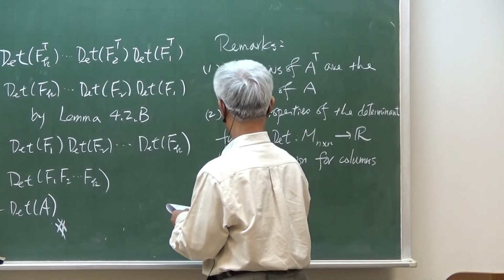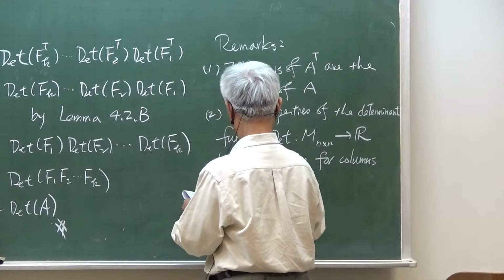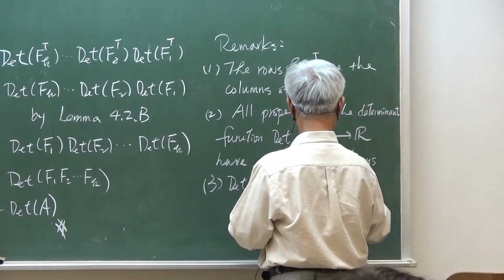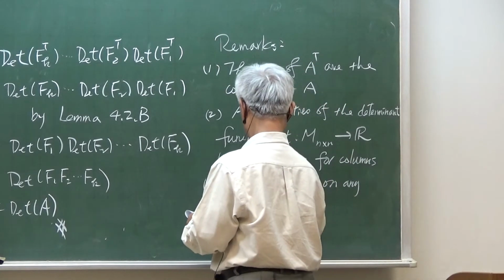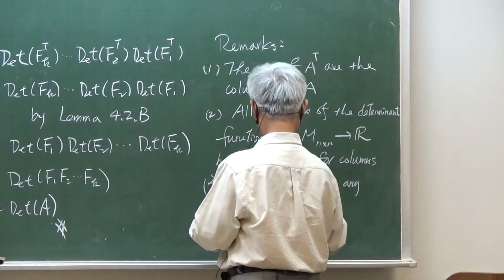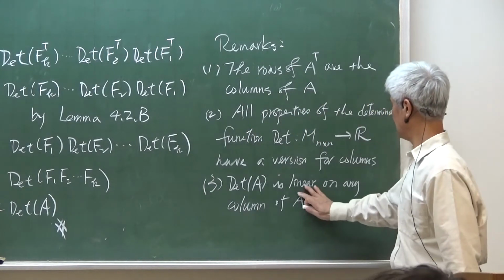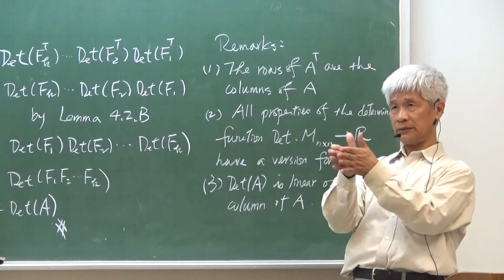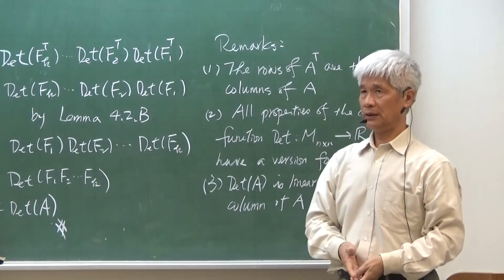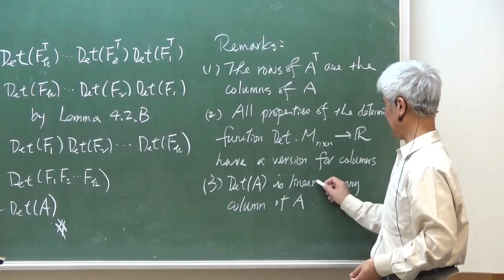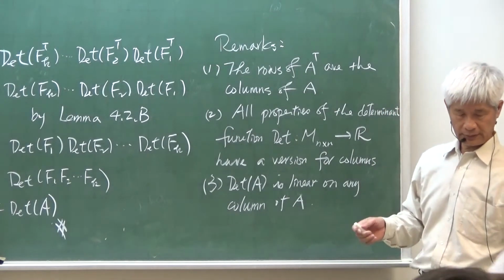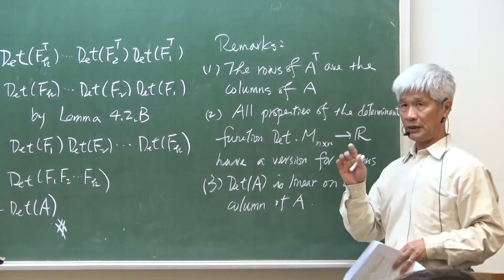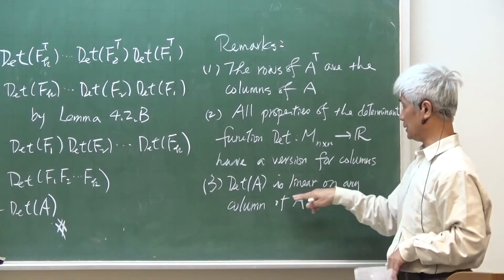For example, the determinant of A is linear on any column of A. So if we know a column of A is a linear combination of two vectors, then we have linearity. Because for the determinant function, we have linearity on any row, but now we have linearity on any column of it.